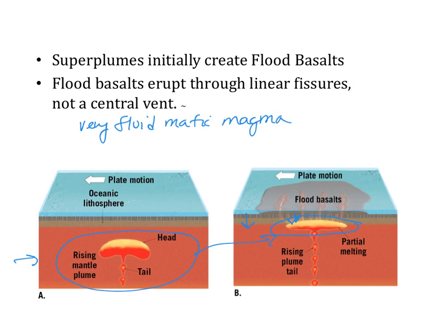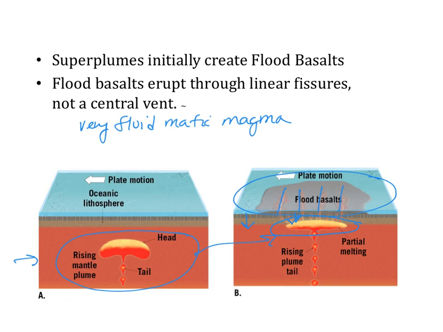And as you can see in the top picture here, the magma, instead of coming up in a central area and creating a cone, actually comes up through long fissures or cracks in the crust. So you can see we have a long crack here and here, here, and here. And magma floods out of all of those, and it's so fluid it spreads really easily, and it just coats the whole area.